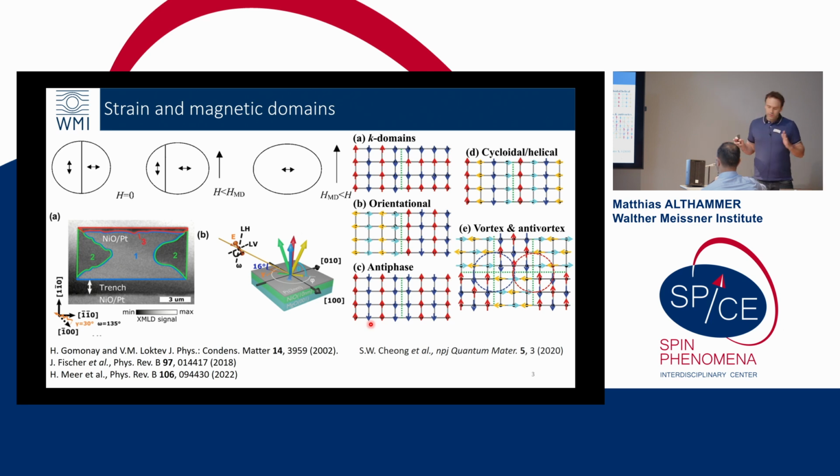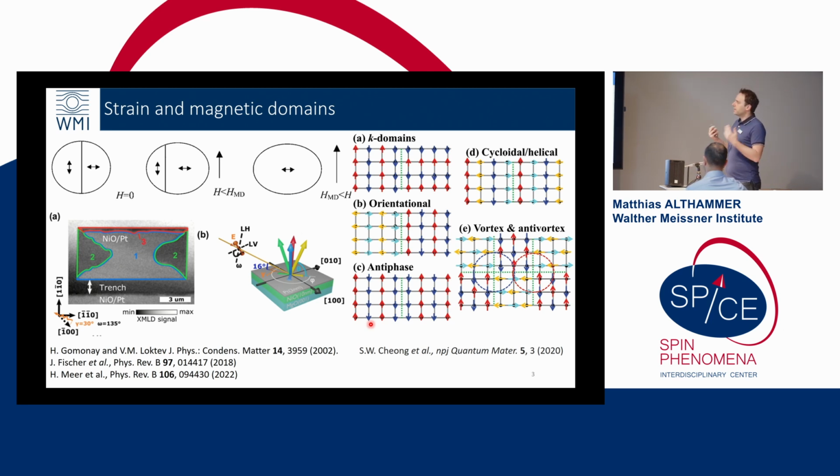Before delving deeper into non-collinear antiferromagnets and altermagnets, I want to briefly mention one of the issues you sometimes encounter when working with antiferromagnets, and that is definitely the magnetic domain structure. There is a large difference in the different domain orientations that can form in an antiferromagnet.